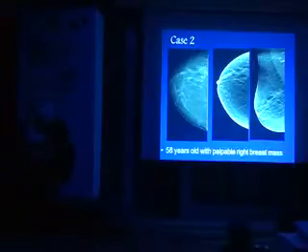Just an area of asymmetry in the upper outer quadrant with some maybe prominent ducts, retroareolar. No microcalcifications, nothing, maybe one calcification, but anyhow, the tomosynthesis also did not show any added findings apart from what I said.